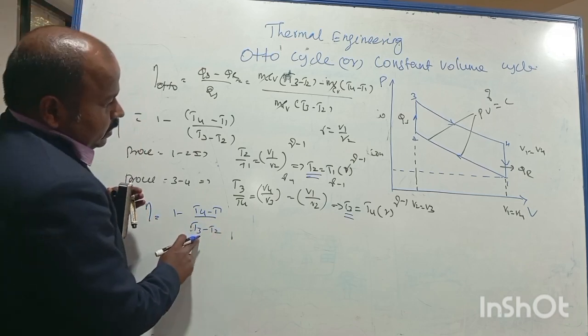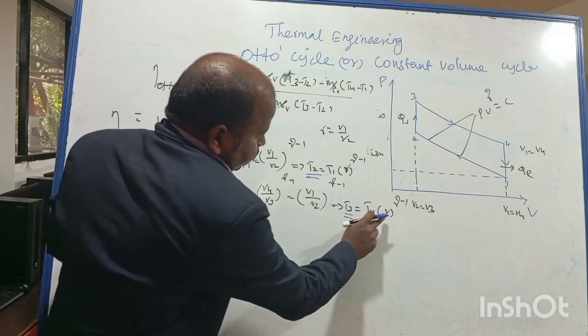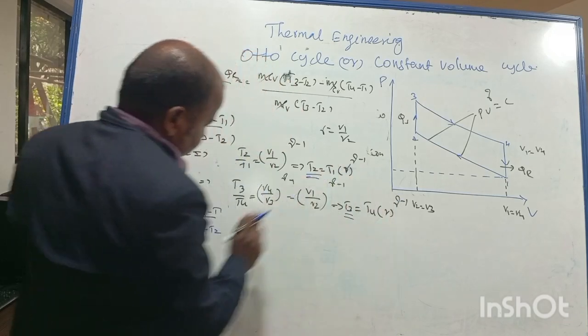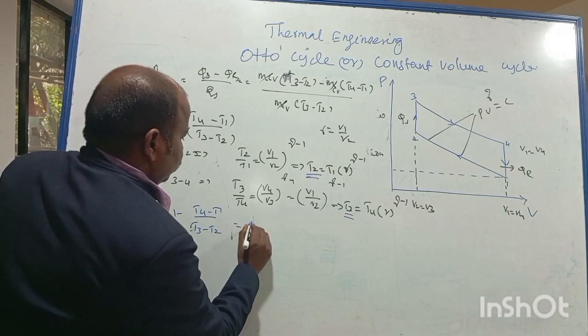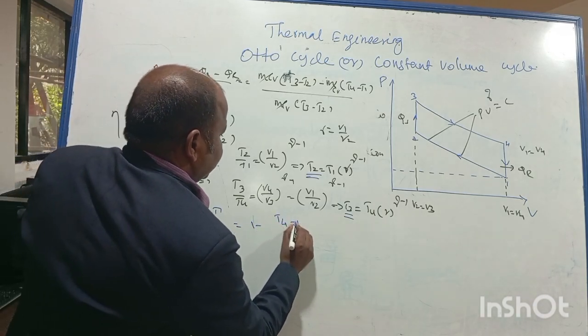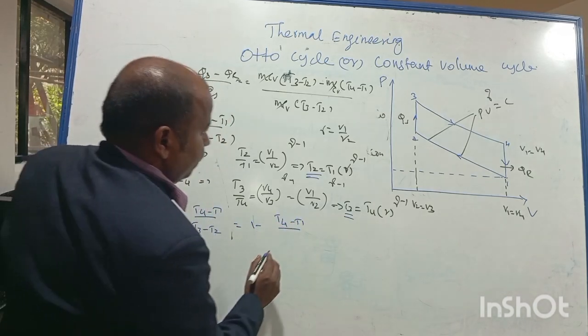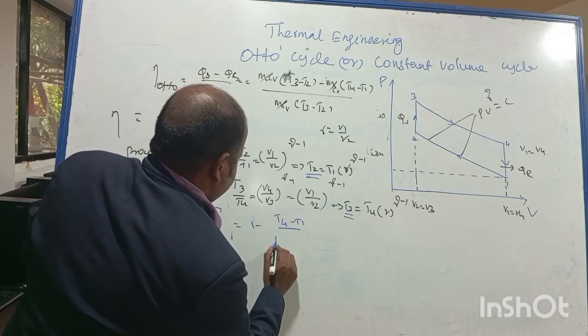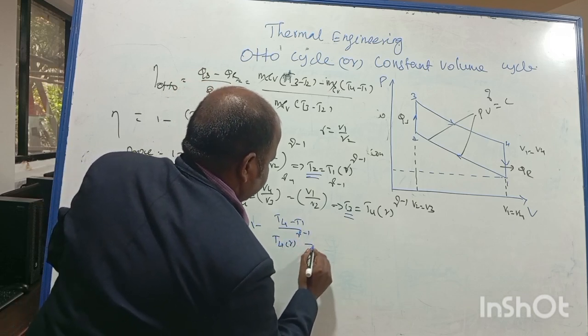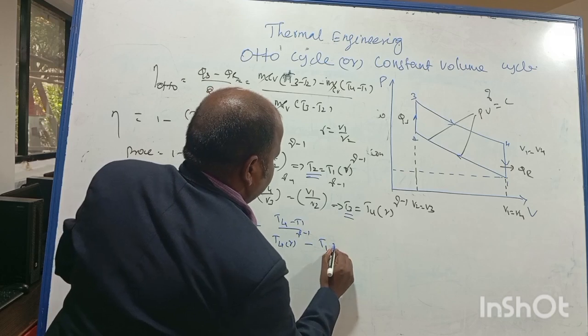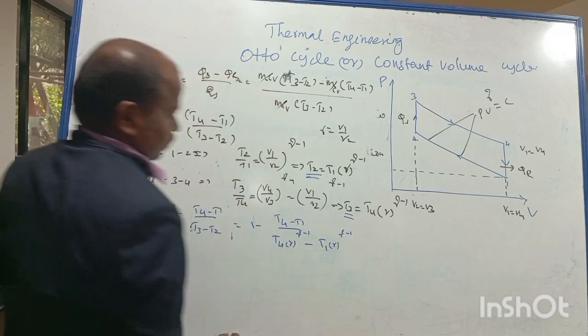Now I am going to replace T3 as T4 into r to the power gamma minus 1 and T2 as T1 r to the power gamma minus 1. So 1 minus T4 minus T1 divided by T4 into r to the power gamma minus 1 minus T1 r to the power gamma minus 1.